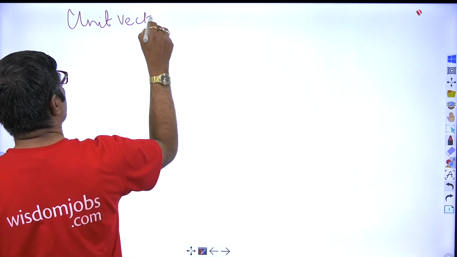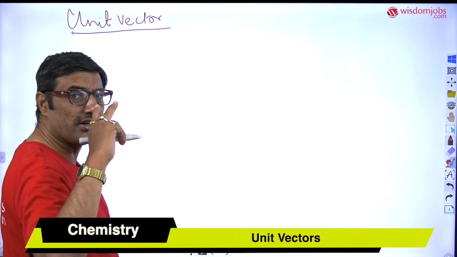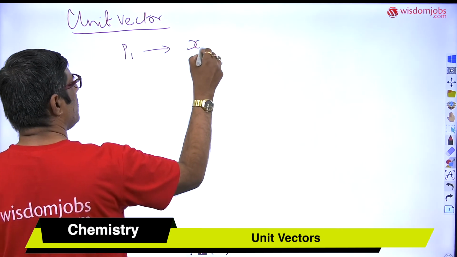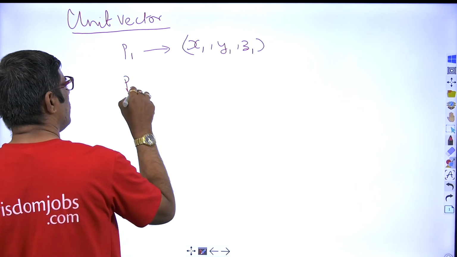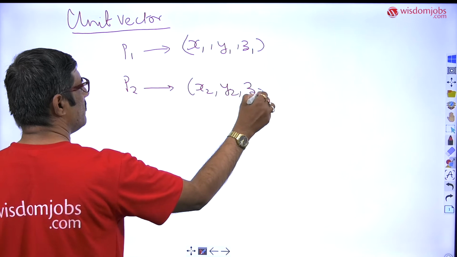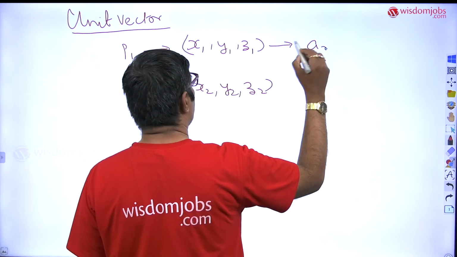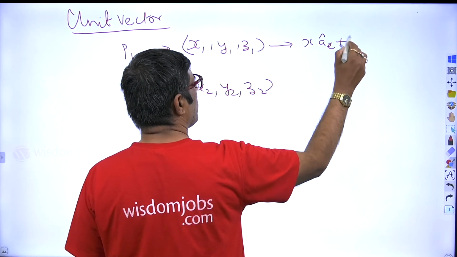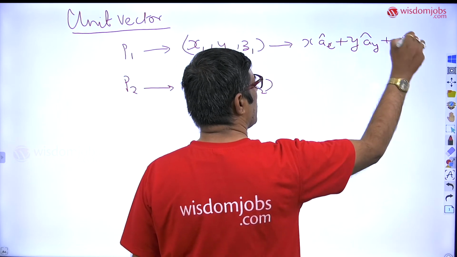For unit vector we need to have 2 points. Let me say P1 is some x1, y1, z1, and P2 would be x2, y2, z2, right? For the first point the position vector is x into ax cap plus y into ay cap plus z into az cap.